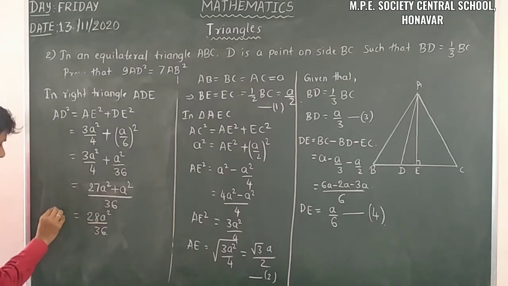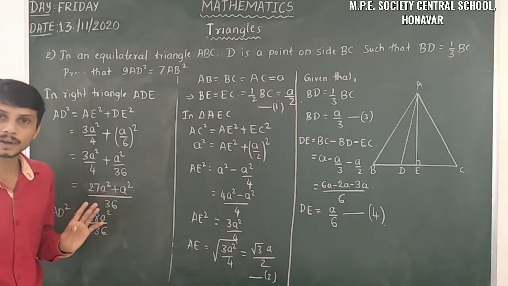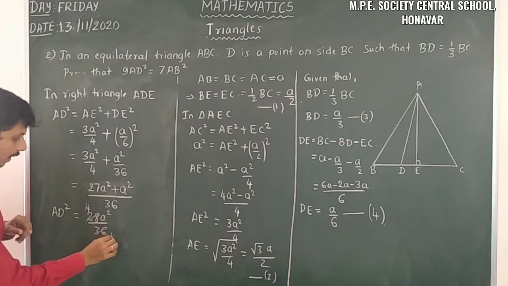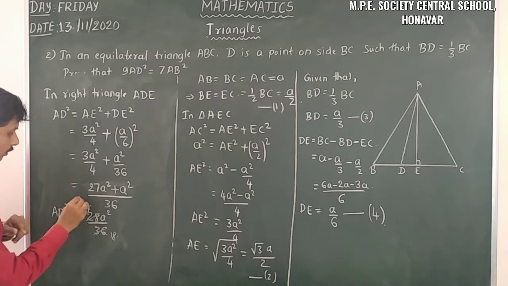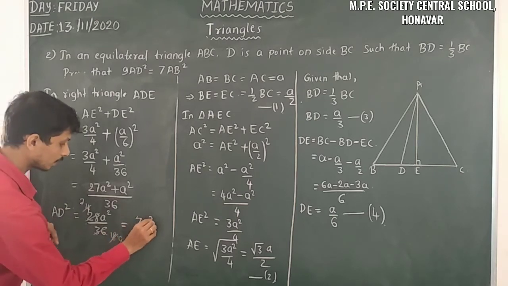So that is AD square. Here we have to divide: 2 into 14 and 2 into 18, then 2 into 7 and 2 into 9, is equal to 7a square by 9.